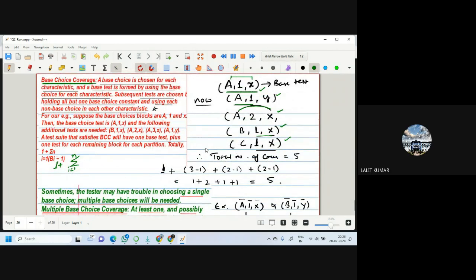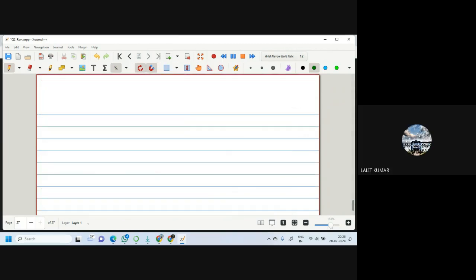How did you get this A1y? See, this is the base test, A1x. What you have to do is keep two values constant and change the third value. If I keep A1 constant, I get y. Now x and y I have covered both, so there is nothing else to cover. Now I keep a and x constant, I get 2.